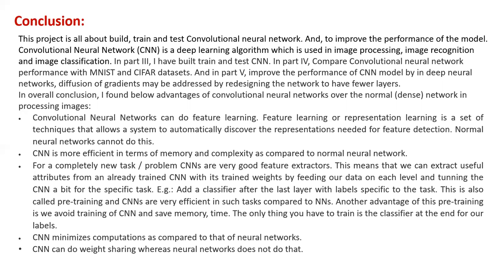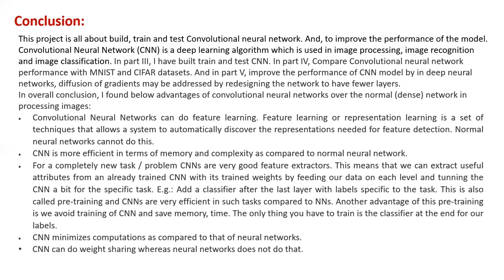And in part 5, in overall conclusion, I found the below advantages of convolutional neural network over the normal dense network in processing images. Convolutional neural network can do feature learning.